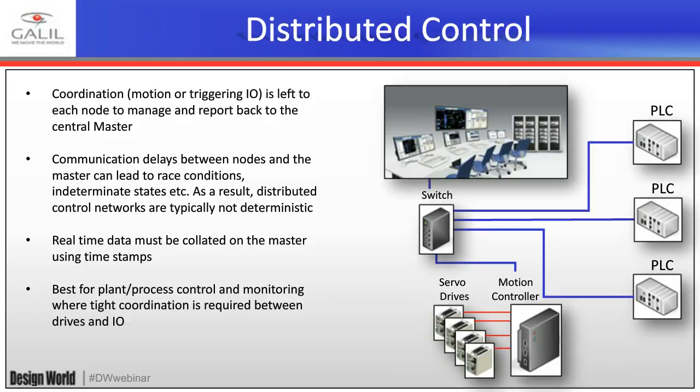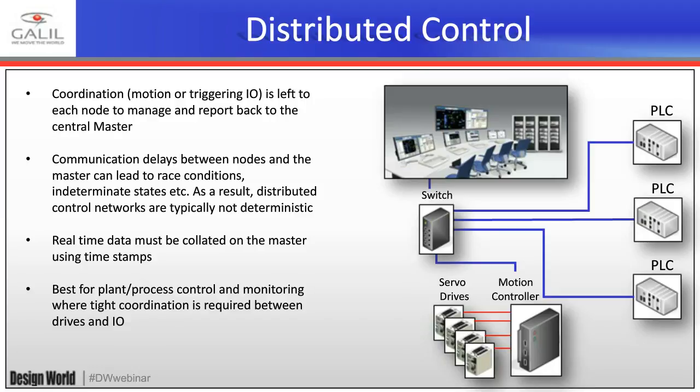Something like that, you have PLCs and motion controllers that are scattered throughout the factory or the plant, and they're all reporting back to this central monitoring node, which can have multiple screens, multiple buttons, ways of controlling the plant.